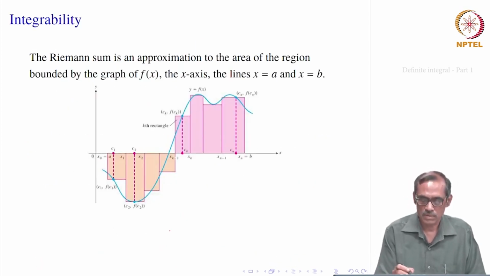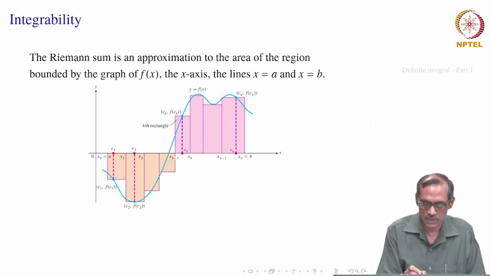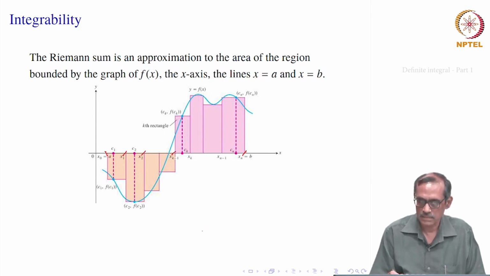So, we consider the same thing again. Let us look at the picture to fix the idea. You have the interval a to b. Now, you have chosen some subintervals by taking these points, the partition.